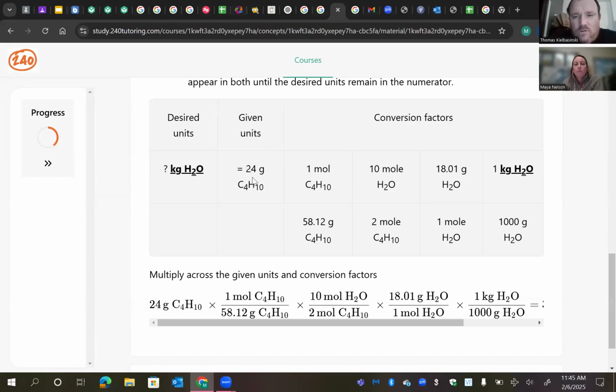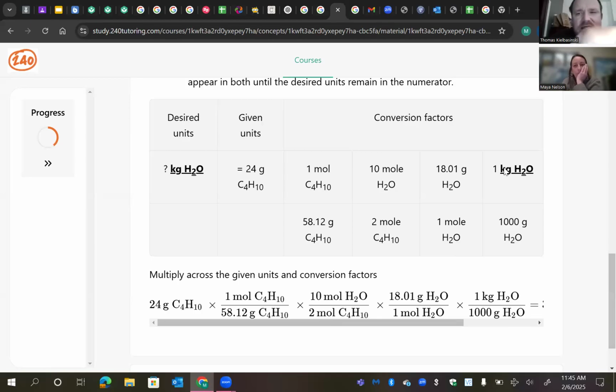And then the moles are on the top, and then the grams, kilograms, whatever. So 1 mole of this, 10 moles of that. You have to multiply them all together. It would be 24 times 1 times 10 times 18 times 1.